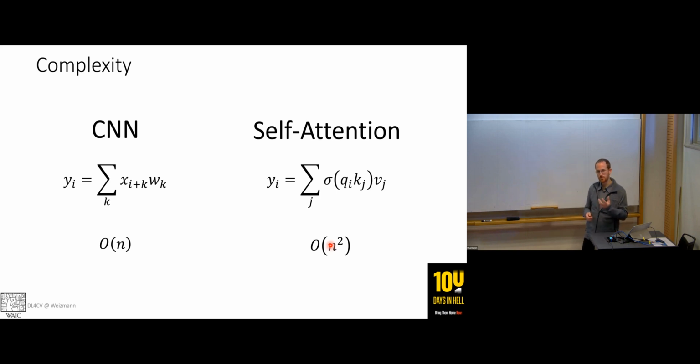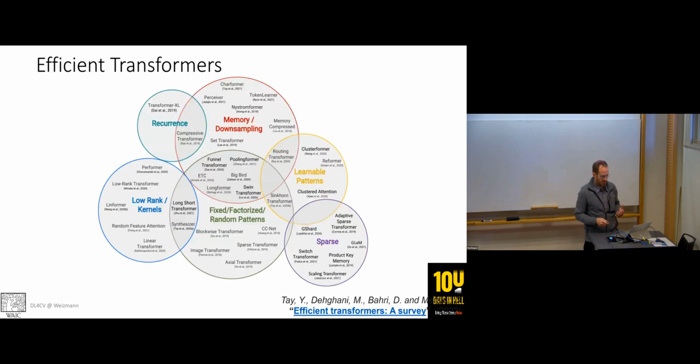So the efficiency of this computation is a bottleneck for the vision transformer, or transformers in general, this architecture. So what can we do about it? This is an overview from a paper about efficient transformers. As you can see, this is a really acute problem because many people are trying to solve it, and there are a lot of methods.